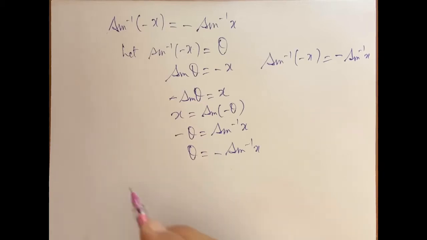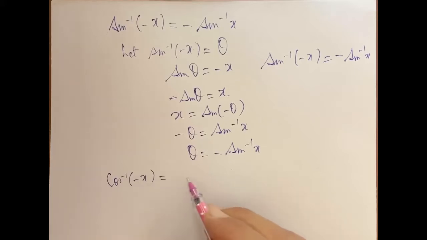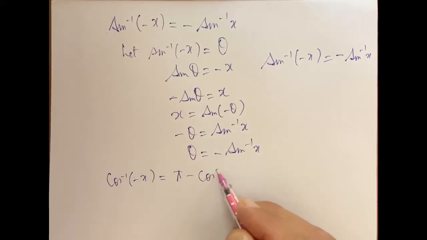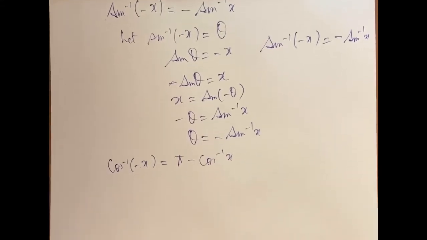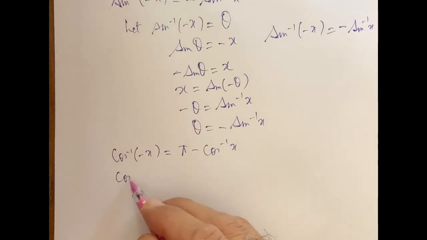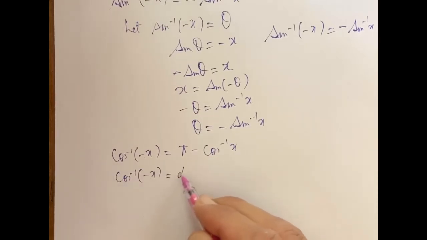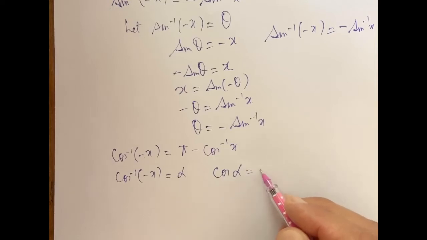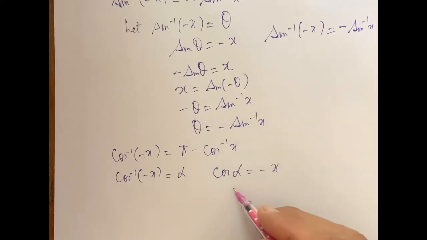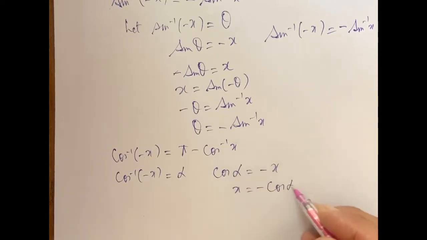Let's prove another one, that is cos inverse of minus x is pi minus cos inverse of x. Let's say cos inverse of minus x is alpha. This means cos of alpha is minus x, or x is minus cos of alpha.